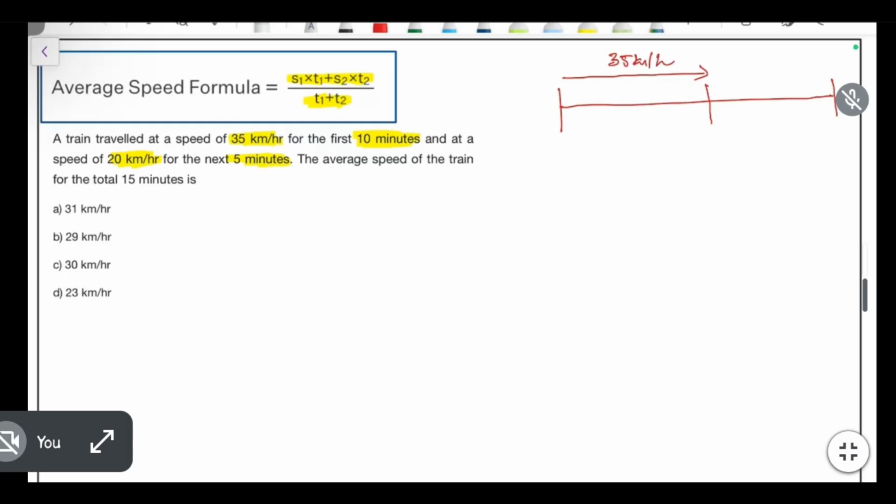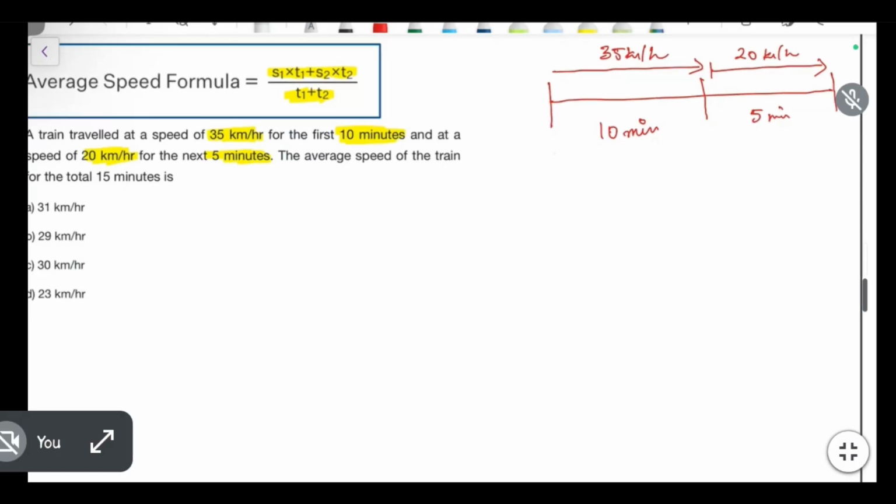That's the first part. And from here till here, the train is traveling at a speed of 20 kilometer per hour, in 5 minutes. So remember, if I want to find the distance of this one, the distance formula is speed into time.